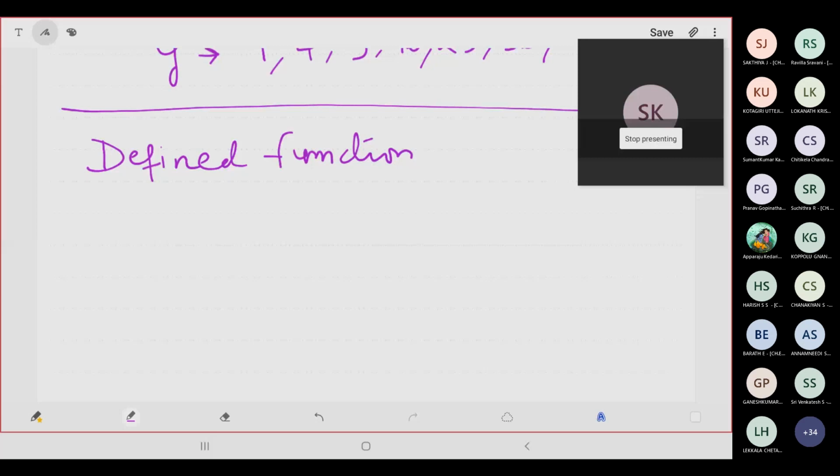Suppose you have a function of this kind, y is equal to 1 upon x. Here x is the independent variable, however y is the dependent variable. And your domain is the real numbers, that means minus infinity to plus infinity.